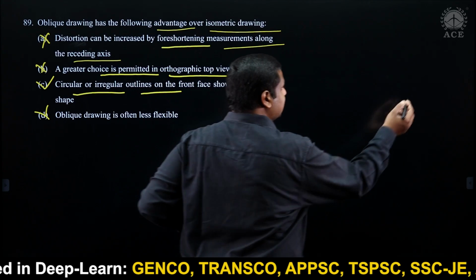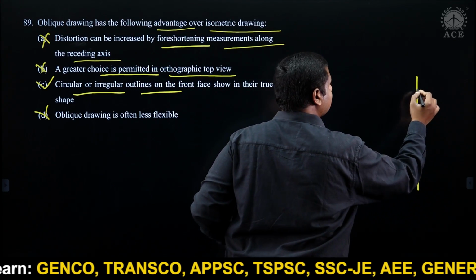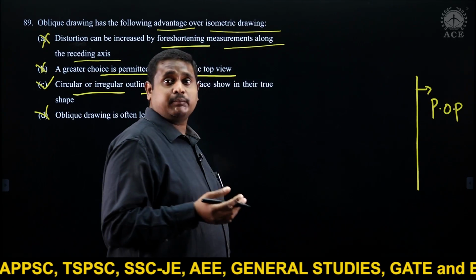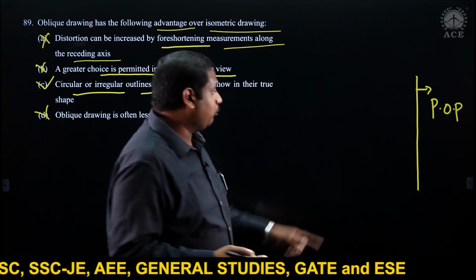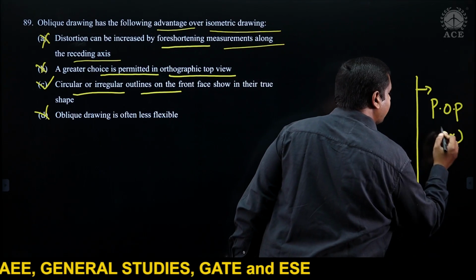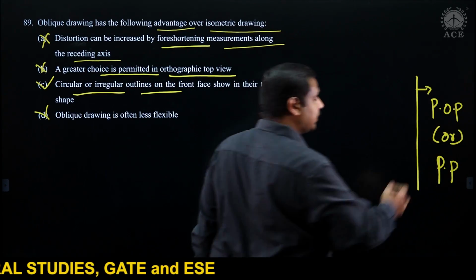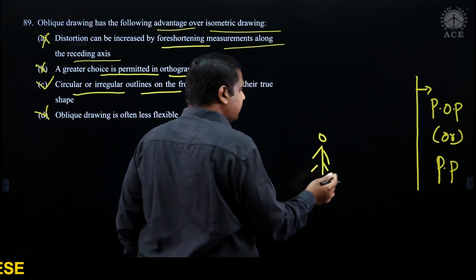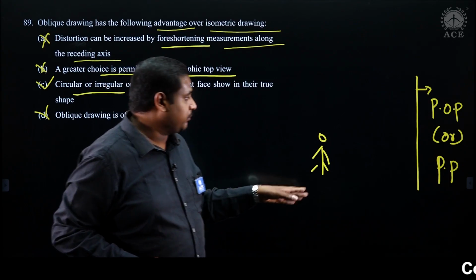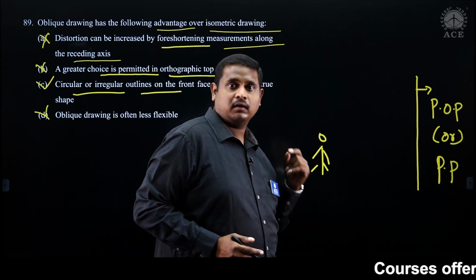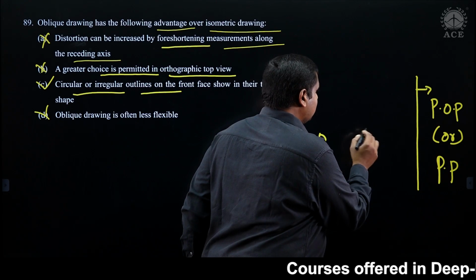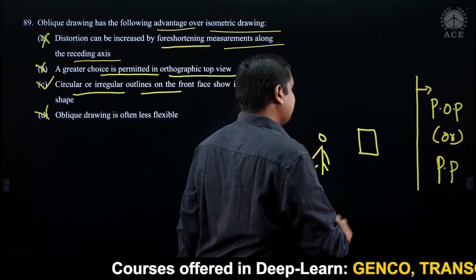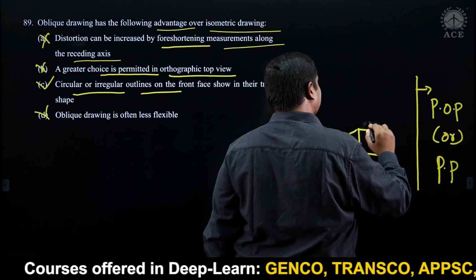For example, my dears, just assume this is my POP. What does POP stand for? Projection plane or plane of projection, POP or PPP. Clear, my dears? Now here is my observer, the position of observer. The observer will be at an infinite distance from the plane of projection. Now I would like to place an object over here. And here the rays of vision will be exactly in such a way.